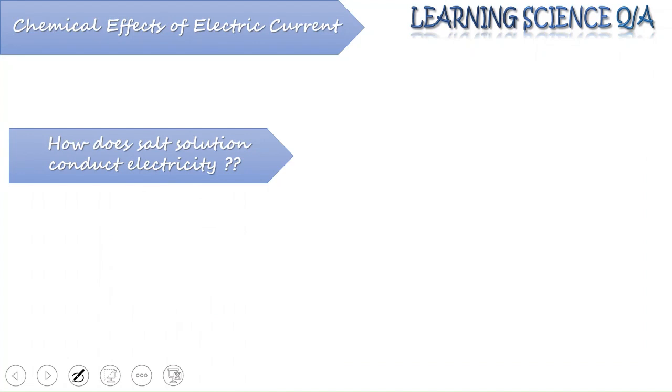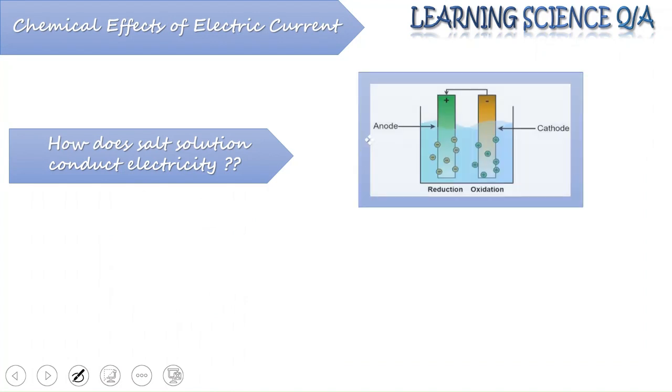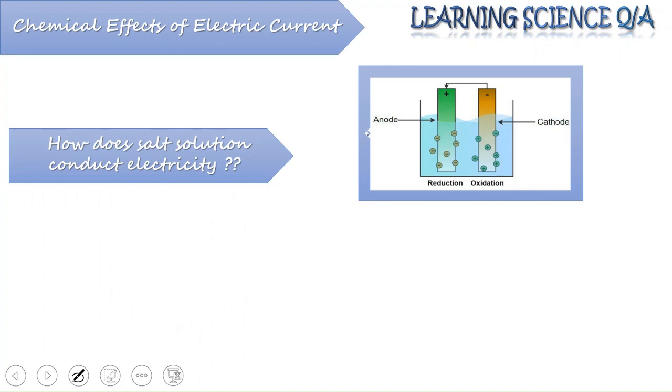Now coming to a point: how does salt solution conduct electricity? Because what we have seen is that when a salt or ionic compound or a molten compound is put into a solution form, they are conducting electricity, right? So when a salt is put in a solution form, that means that salt solution is present here, the fluid which is seen here, right?